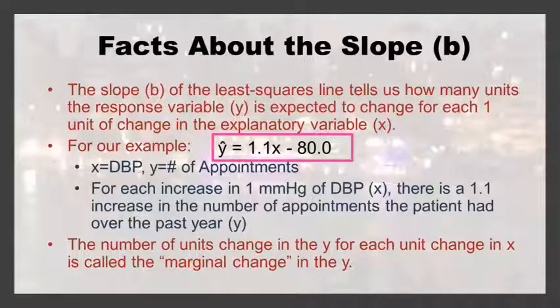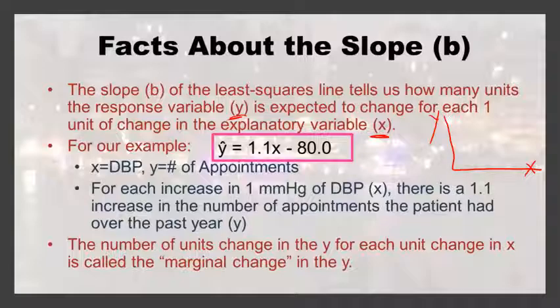So the slope, or B, of the least squares line tells us how many units the response variable, or y, is expected to change for each 1 unit of change in the explanatory variable, or x. I know that sounds kind of complicated with the wording there, but this is pretty much what that means. Pretend we're back on our graph. This is our x and this is our y axis, right?